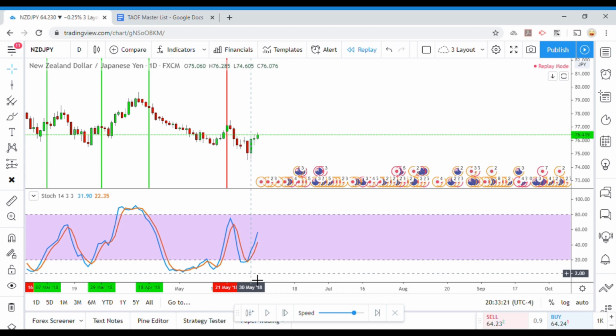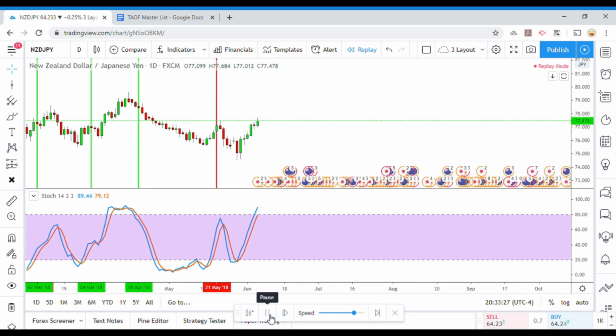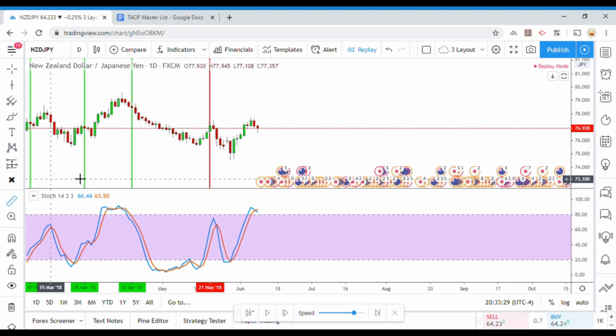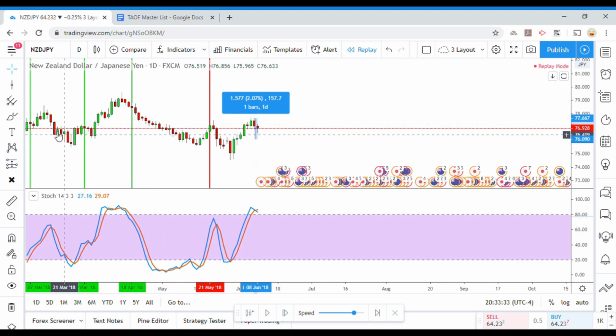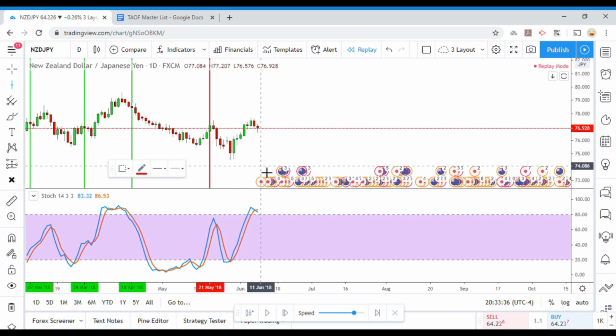Let's see here. Did we get both of those? We did get both of those. Came out here. Looks like cross back there. That would be our entry. Let's see what it does. Looks like we got a win.